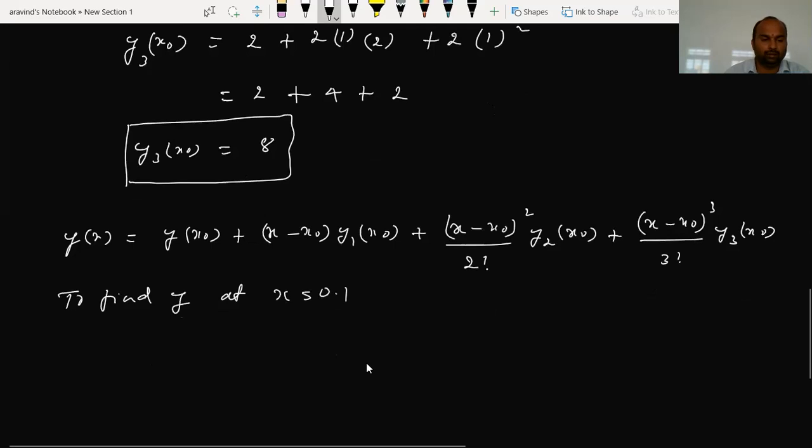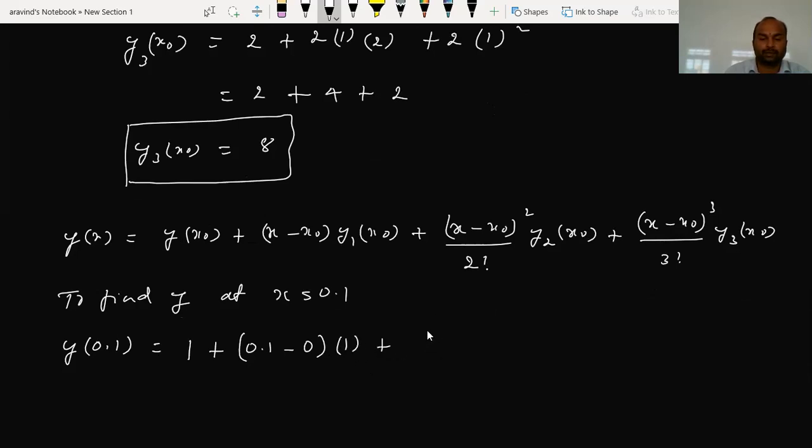Now substitute the values. So what you will get? y of 0.1 is equal to y of x naught. This is nothing but the initial condition y naught, that is 1, plus x is 0.1 and x naught is 0, into y1. y1 is 1, plus again x 0.1, x naught 0, whole square divided by 2 factorial is 2, into y2 is 2, plus again x 0.1, x naught 0, whole cube, 3 factorial is 6, into y3 is 8.